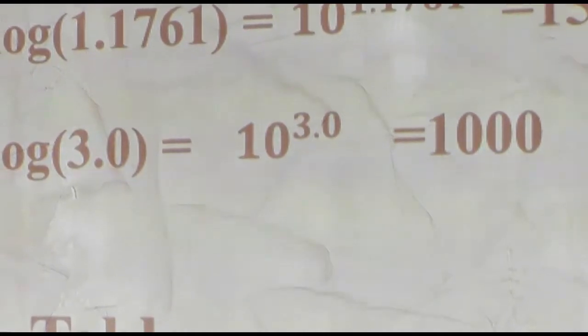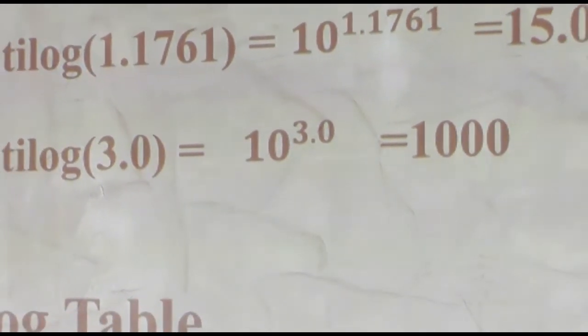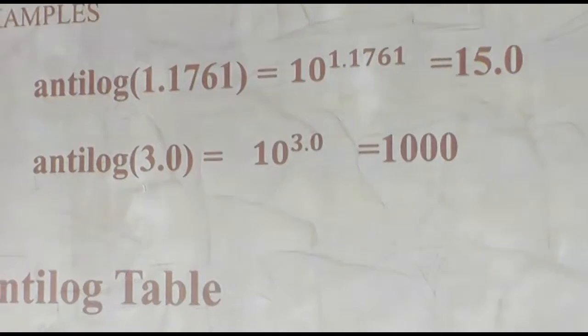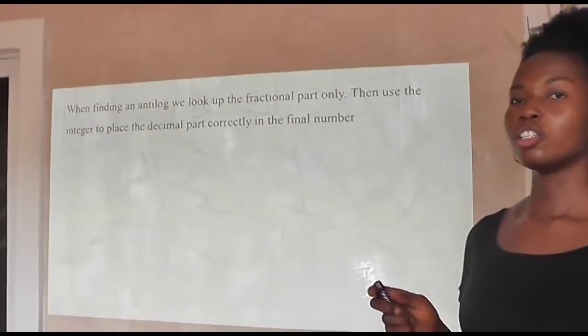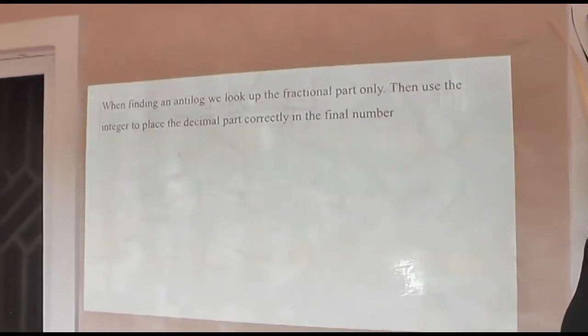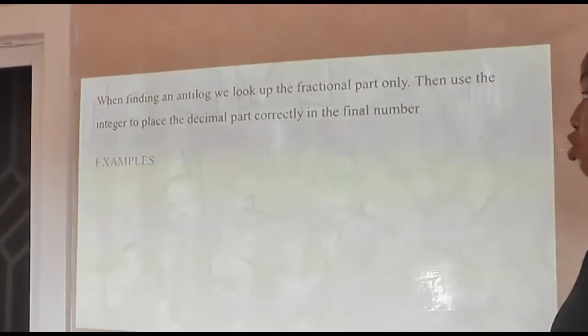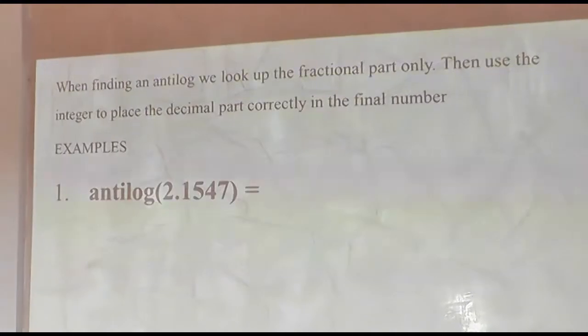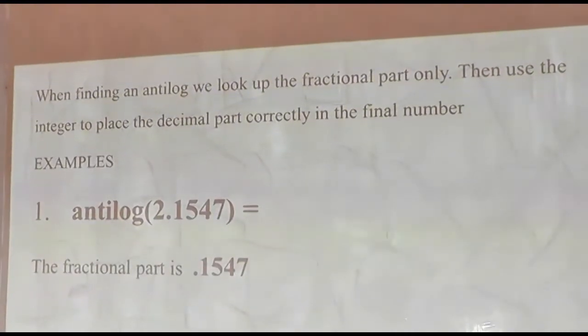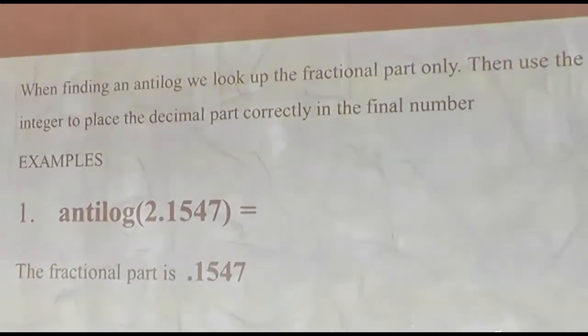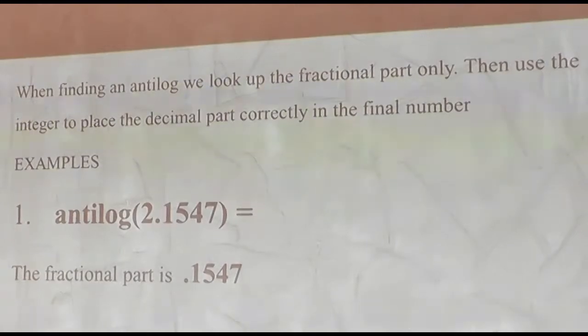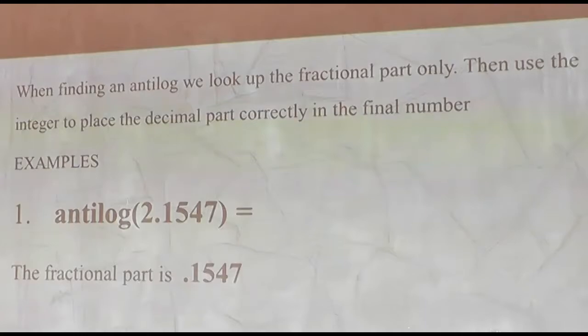Now for better understanding, we will look at the antilogarithm table. Just as you are always provided with the logarithm table, the provision for the antilogarithm table is also made. So when finding an antilog, we look up the fractional parts only, then use the integer to place the decimal part correctly in the final answer, the final number.